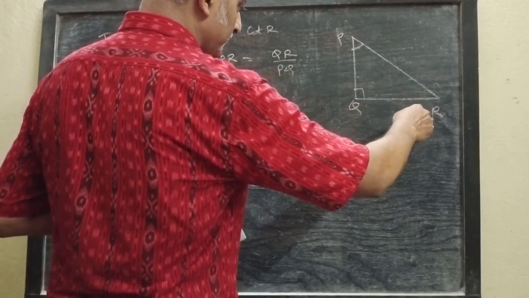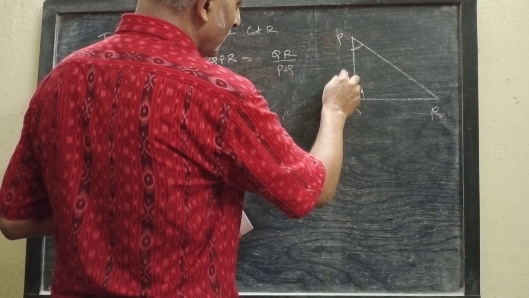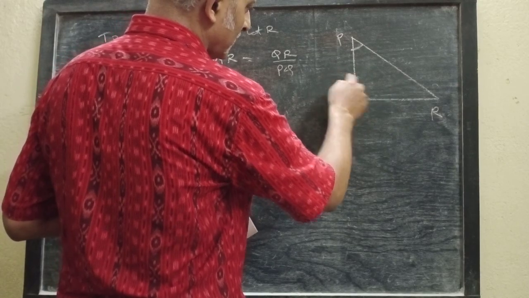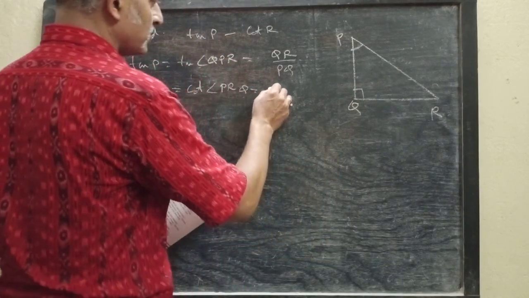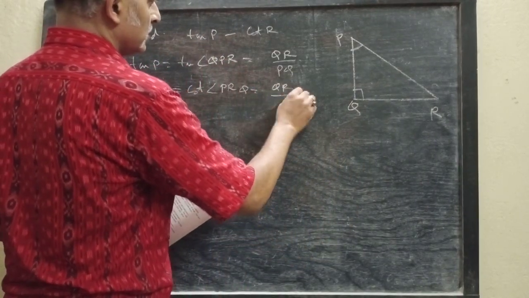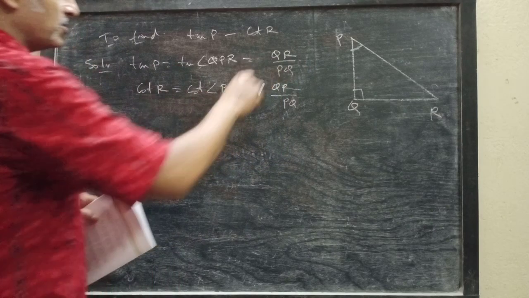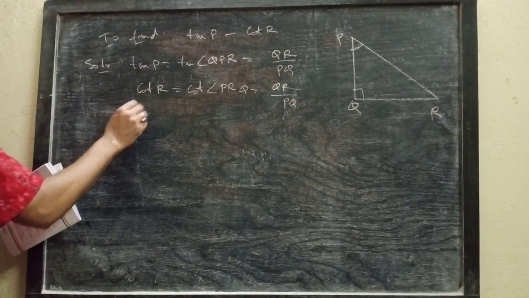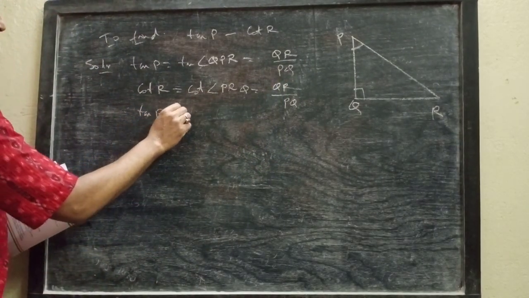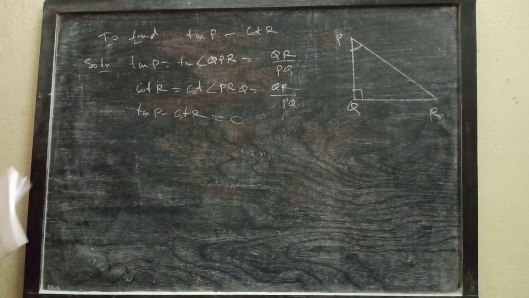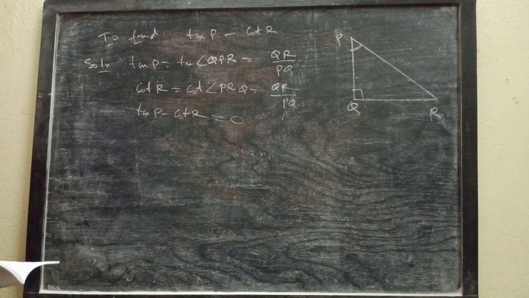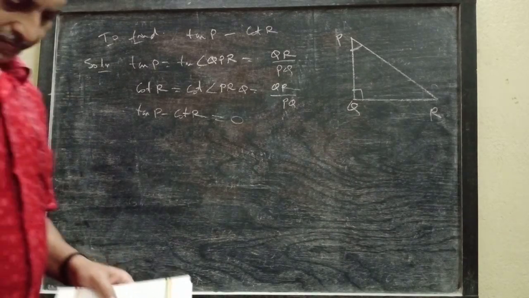Now your perpendicular will be PQ, opposite to this angle, and QR will be base. Cotangent is base by perpendicular, so this will be QR by PQ. Look, these two are identical, therefore the answer is 0. Next question.